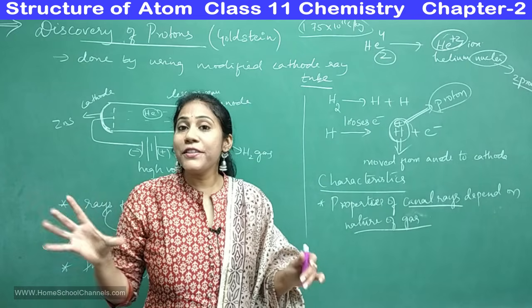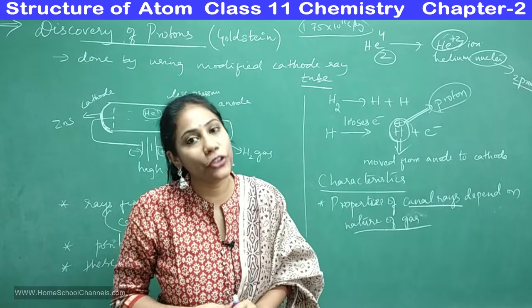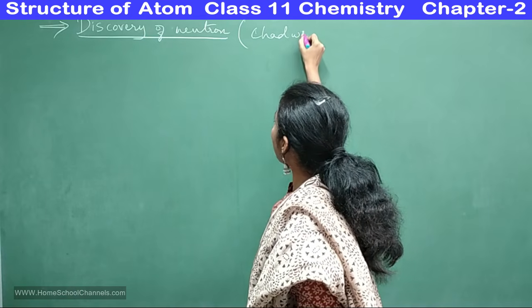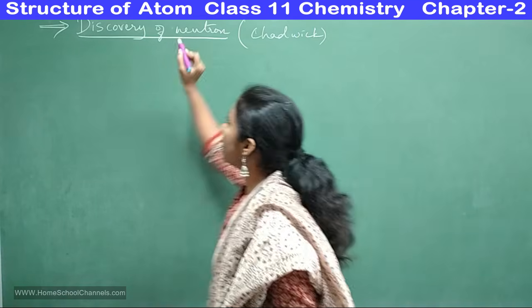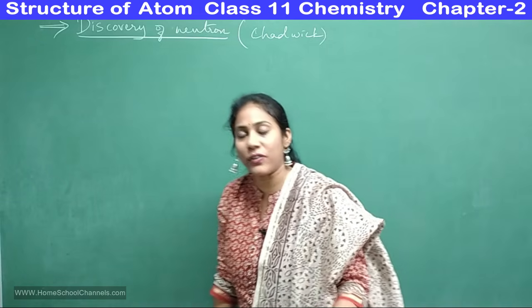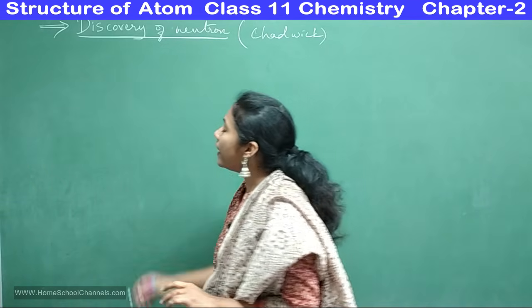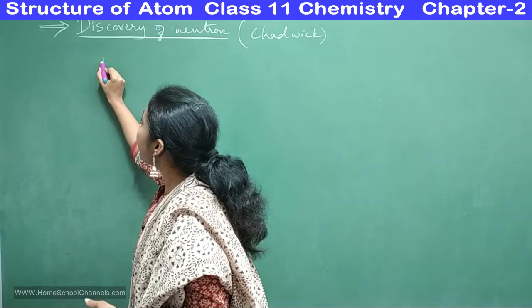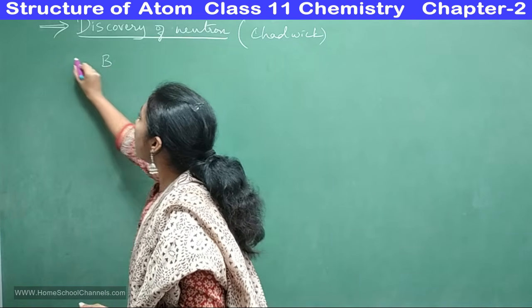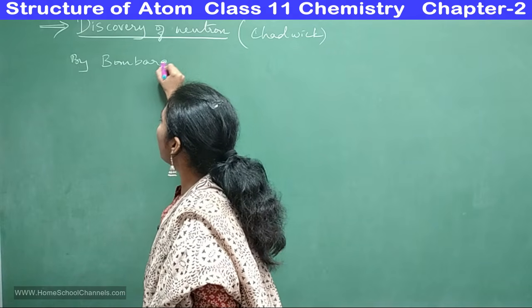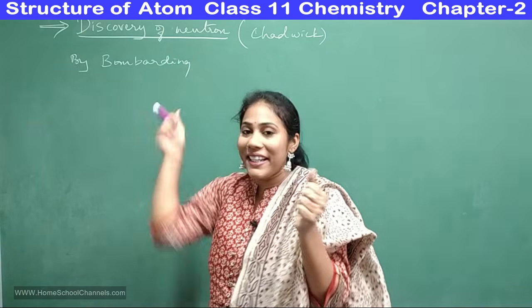And now let us go for the discovery of the neutron. See guys, Chadwick is the scientist who actually discovered the neutron. Neutrons were discovered much more recently, in the 20th century itself. How did they discover the neutron? By bombarding. What do you mean by bombarding? It is like hitting.